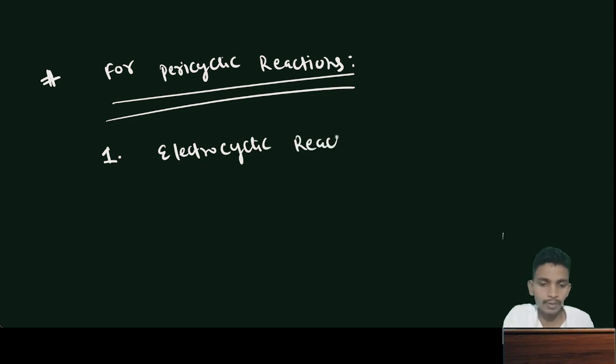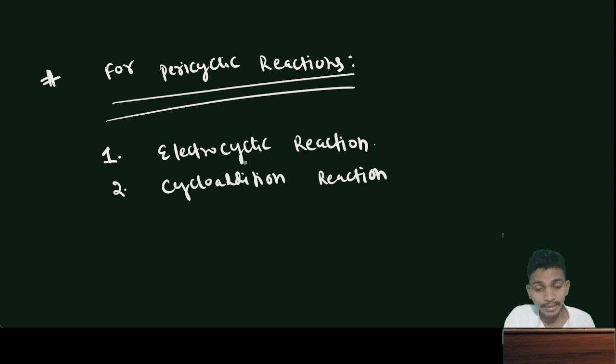Electrocyclic reactions we will discuss first, and this is a very easy concept. Then we will go for cycloaddition reactions. Here we see what types of substrates are there, how the reaction will occur, and which molecular orbitals are involved. We will discuss that for electrocyclic reactions and cycloaddition reactions.